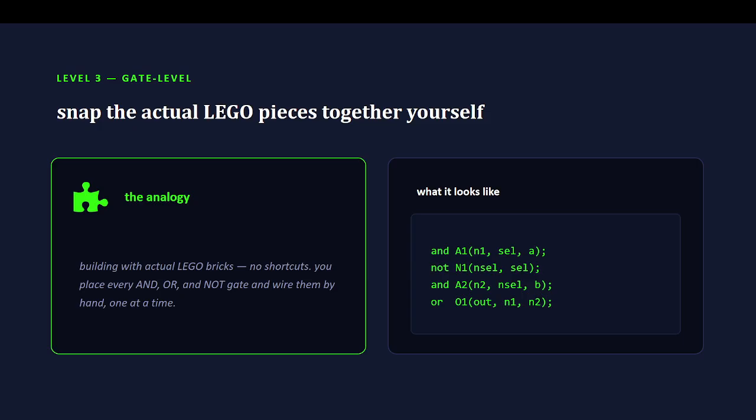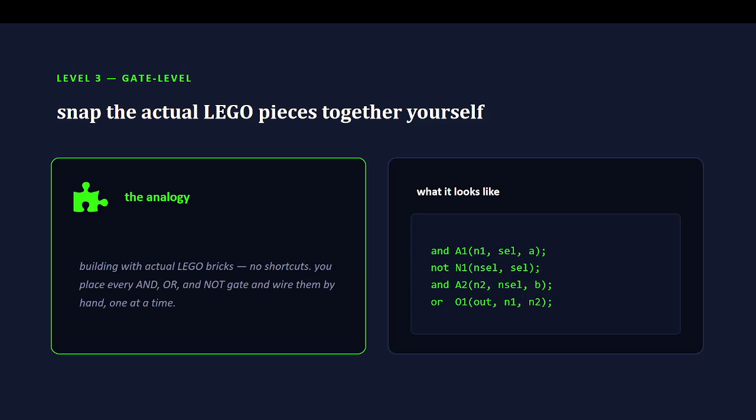That's gate level Verilog. Look at the gates: and A1 in the bracket N1 comma cell comma A; not N1 and cell comma cell; and A2 N2 comma N cell comma B; or O1 output comma N1 comma N2.